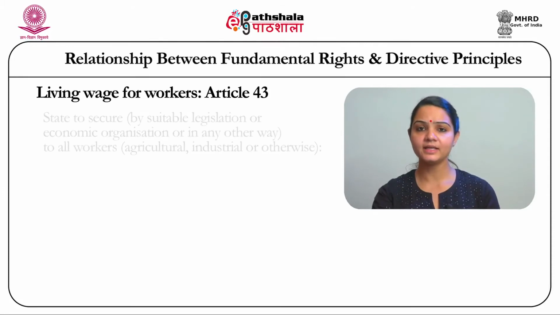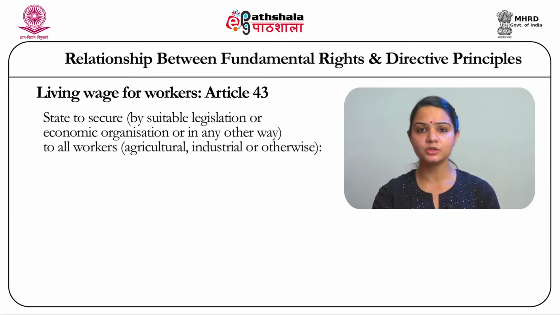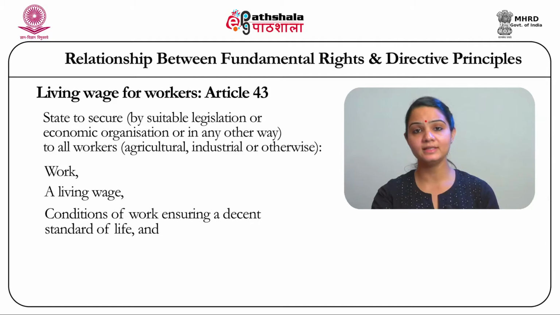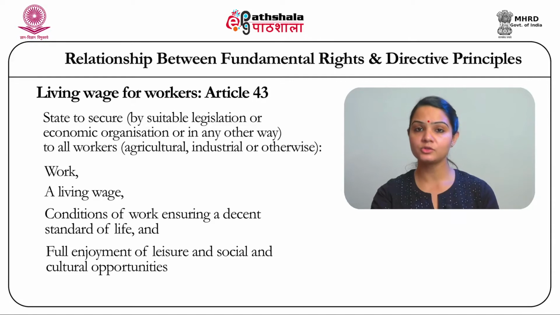It says that the state shall endeavor to ensure by suitable legislation or economic organization or in any other way work, a living wage, whether the worker is an agricultural worker or an industrial worker, conditions of work ensuring a decent standard of life and full enjoyment of leisure and social and cultural opportunities, and in particular, the state shall endeavour to promote cottage industries, whether on an individual or a cooperative basis in the rural areas.